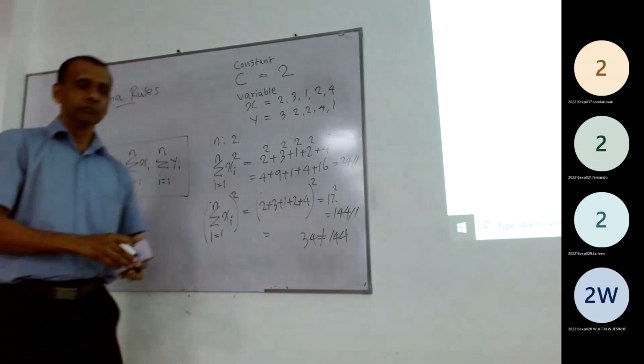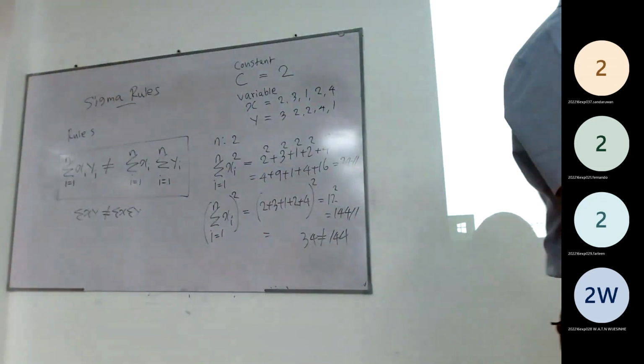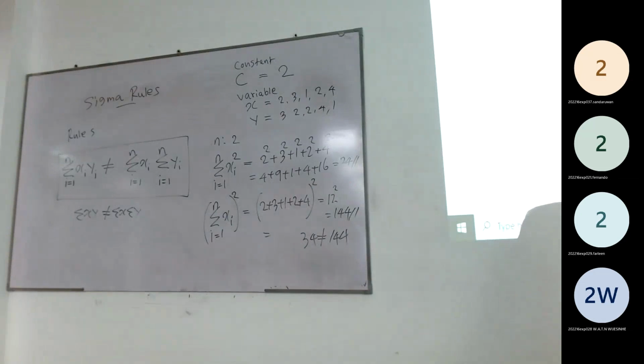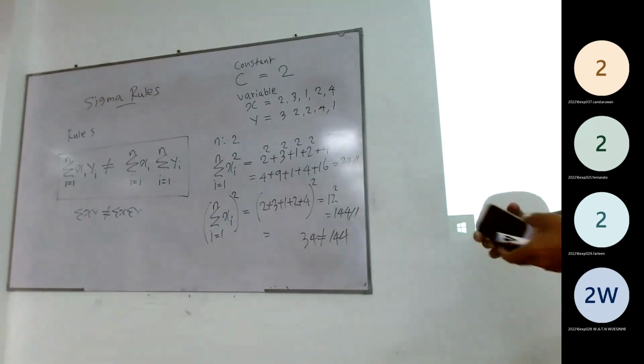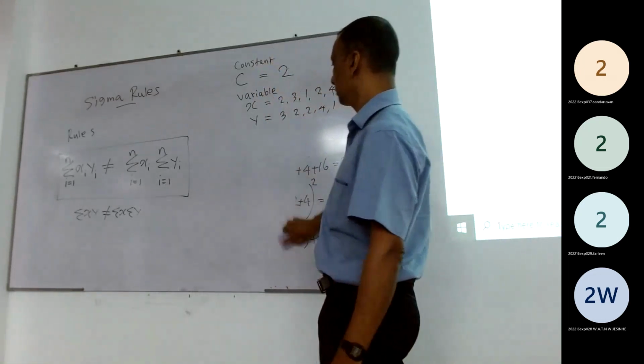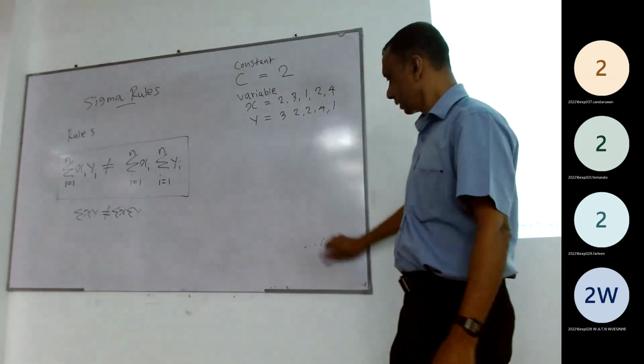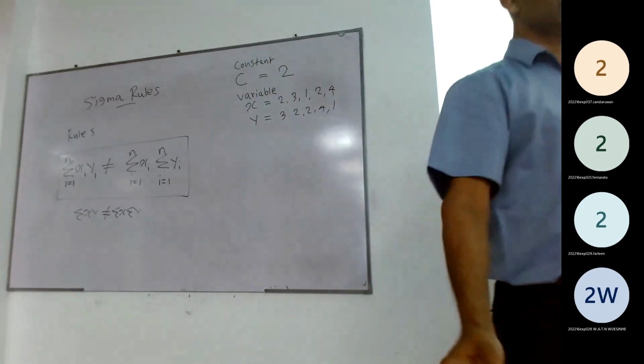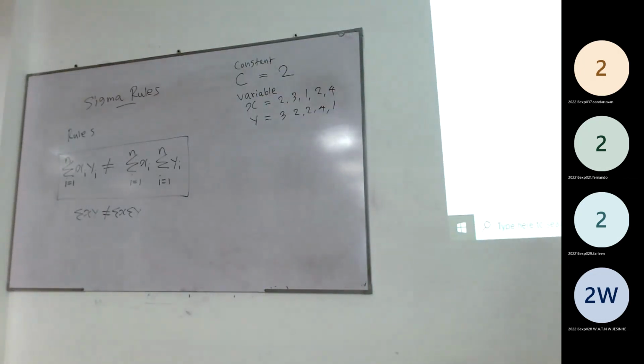At rule 5, we write down summation of the multiplication of two variables is not similar to multiplication of the summation of two variables separately.